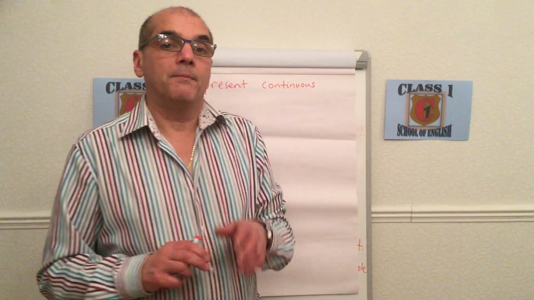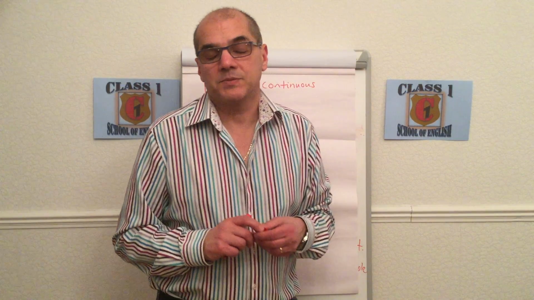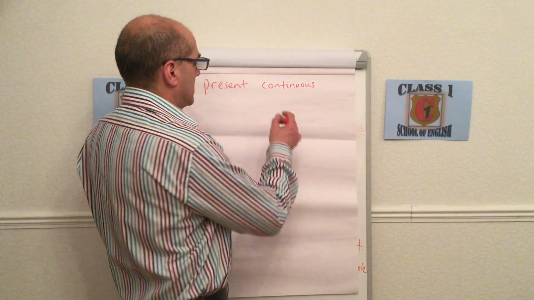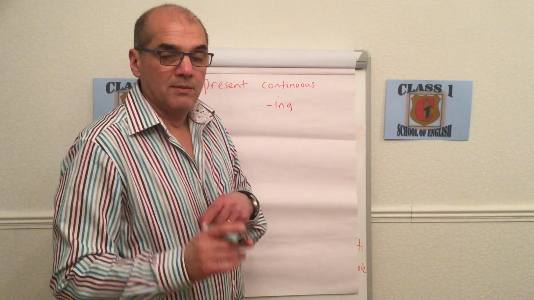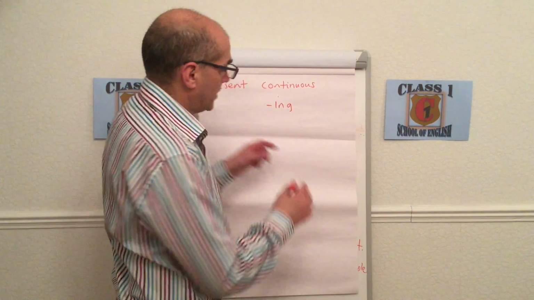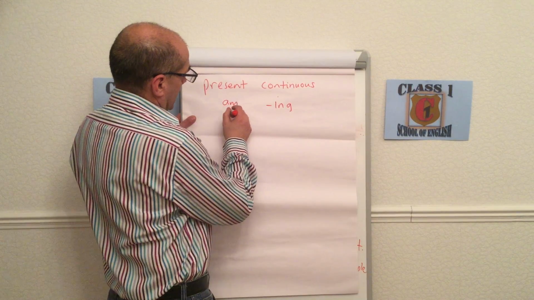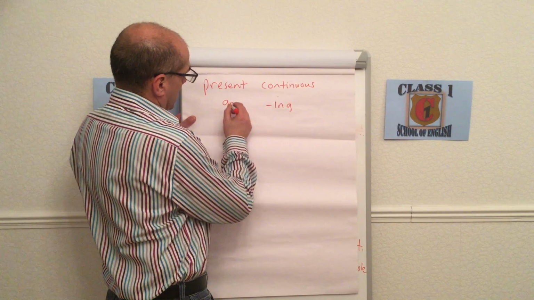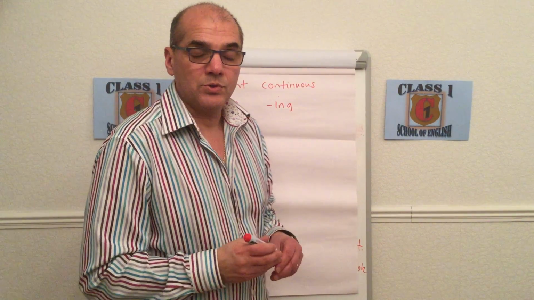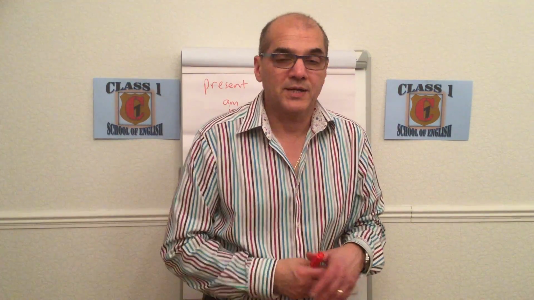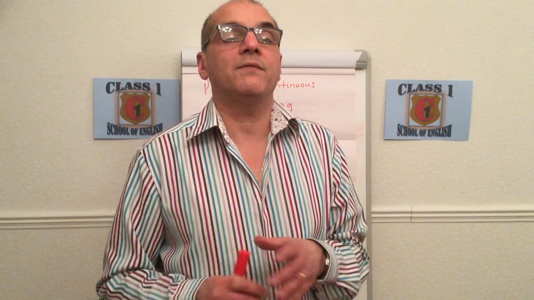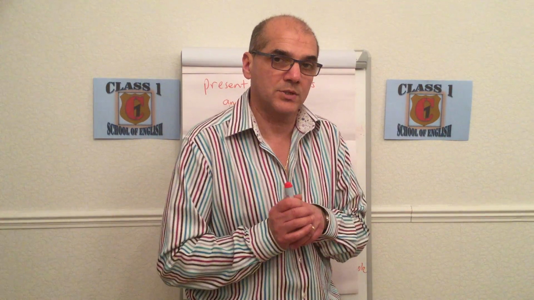Okay? But this does have some spelling changes. But you cannot use it without am, is, or are. Absolutely crucial. You cannot say I standing, I teaching, I visiting my friend. Can't do this, okay? You have to have am, is, or are in the present continuous.